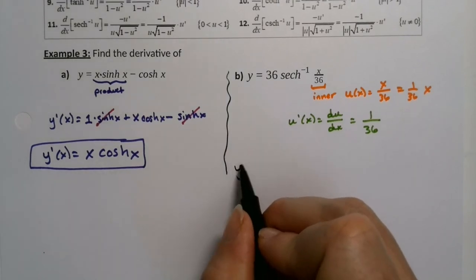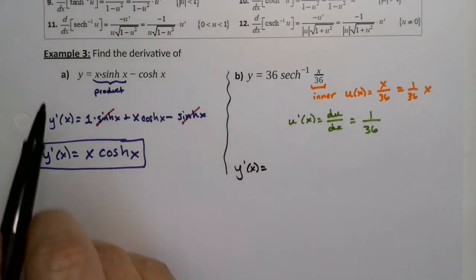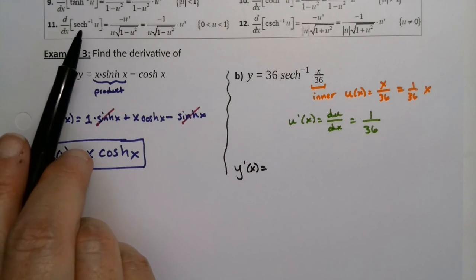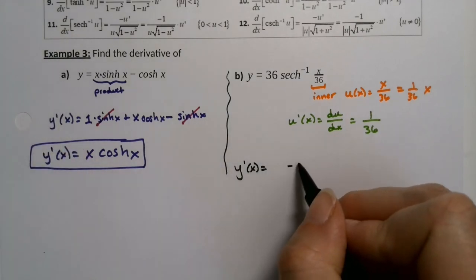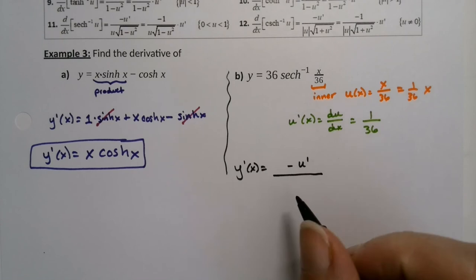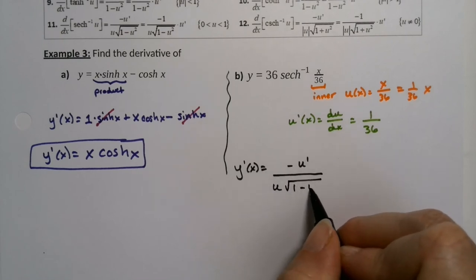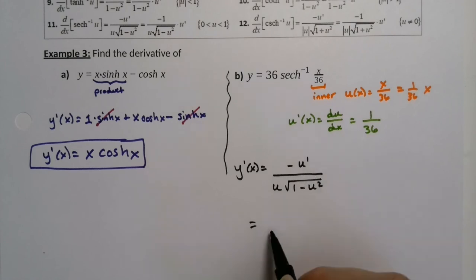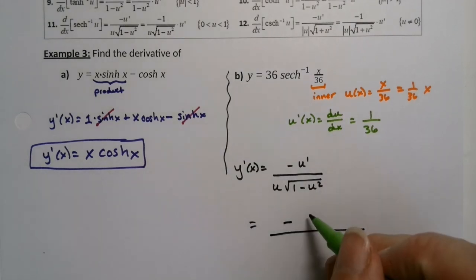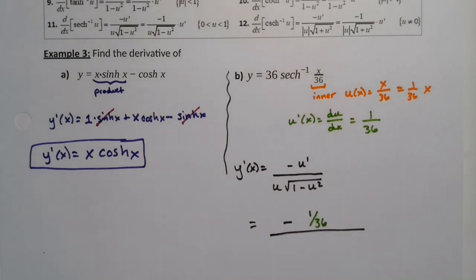Y prime of x would be equal to, and I'm going to use this arc-sech formula right here. So it's negative u prime over u times the square root of 1 minus u squared. So that's going to be negative. For u prime, I'm going to have 1 over 36. And then over u is x over 36.